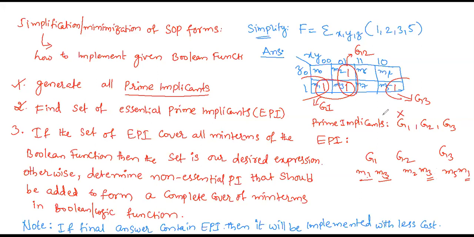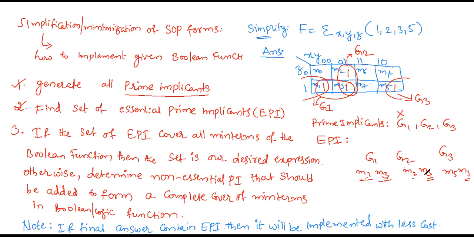At least one minterm should not be shared with another group. But here G1 has two minterms, M1 is present in G3, M3 is present in G2. So two minterms are present in other groups. So this is not an essential prime implicant. Then look at G2.